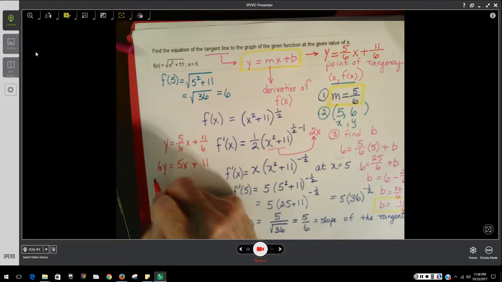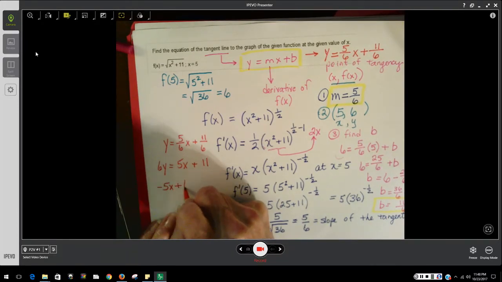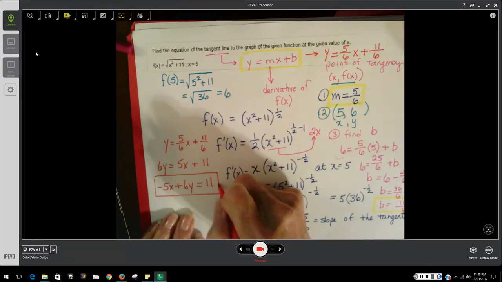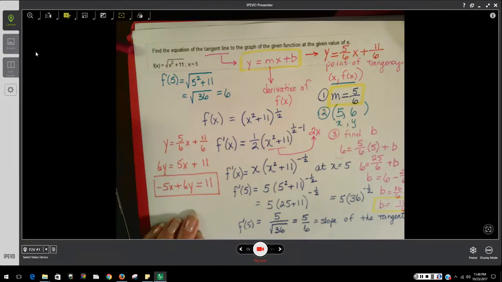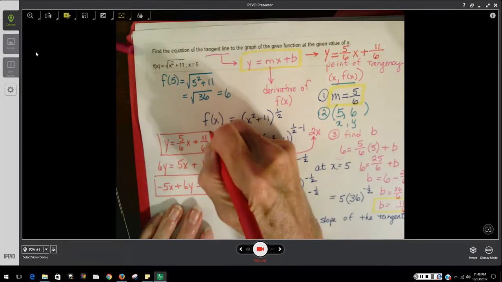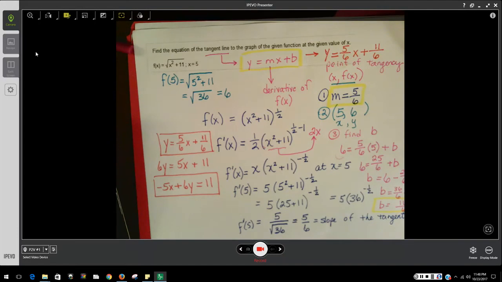And then move the 5x to the other side by subtracting it. So this is the standard form of the equation for your tangent line. This is the slope-intercept form of the equation for your tangent line. They're both the same line.